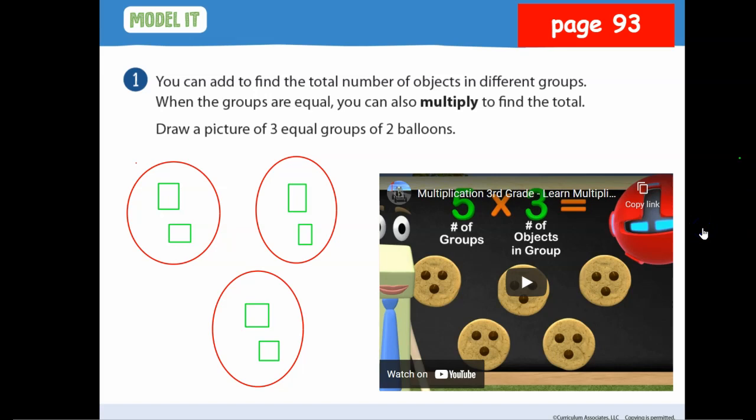Okay, so let's count them together. 1, 2, 3, 4, 5, 6. So how many balloons altogether? 6. Okay. When it's 3 equal groups of 2 balloons each, the multiplication sentence is this.